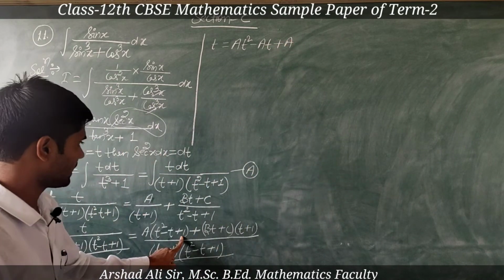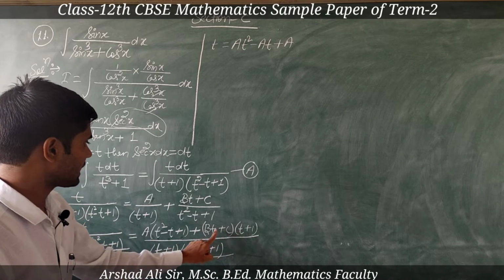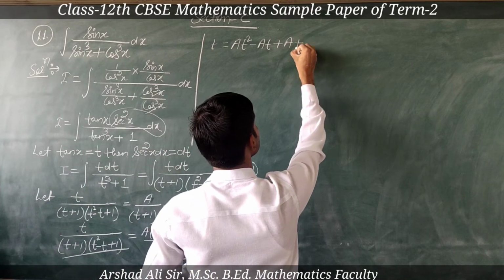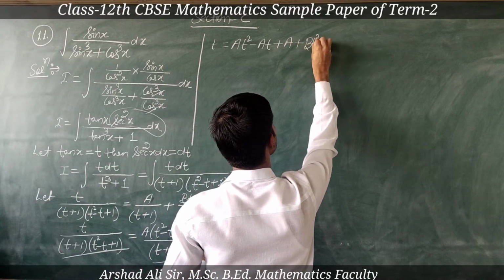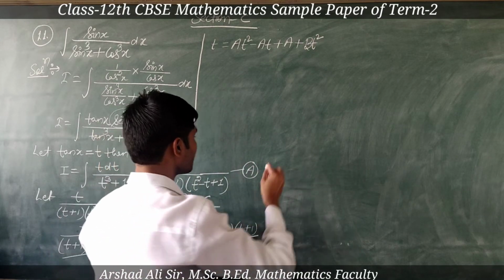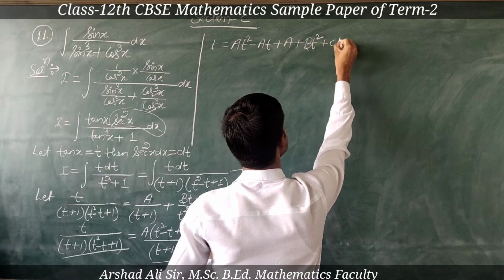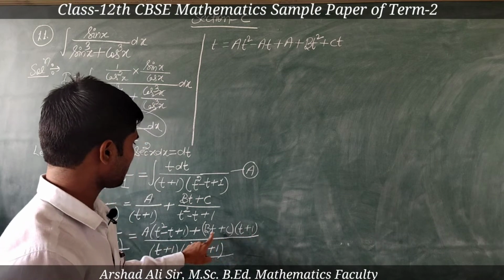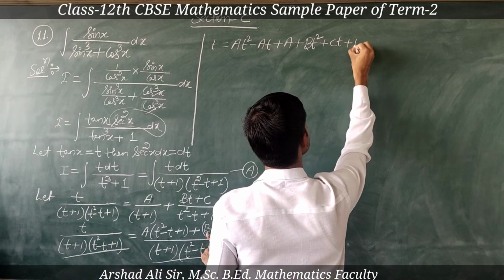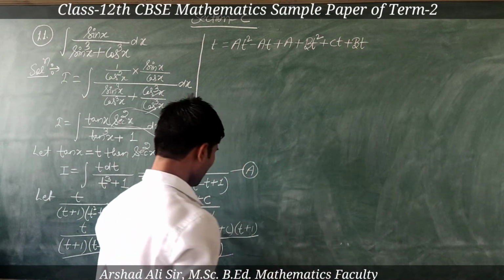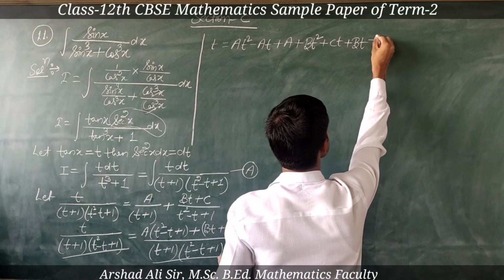Now here we can multiply by t plus 1: t multiply bt, it will be bt square, t multiply c, it will be ct. So 1 multiply by bt, it will be bt, and 1 multiply c, it will be c.